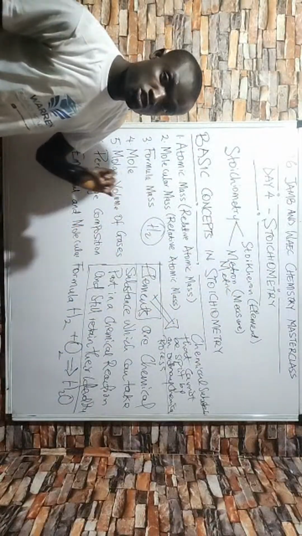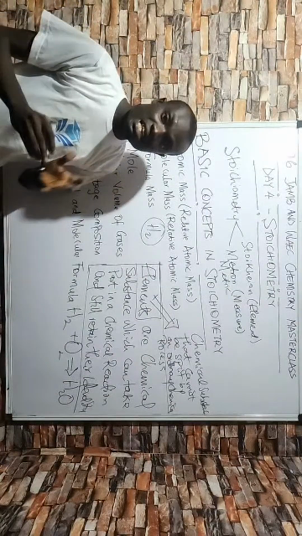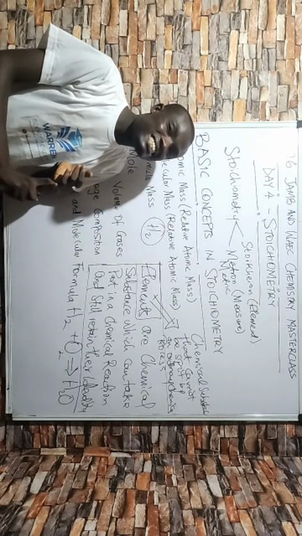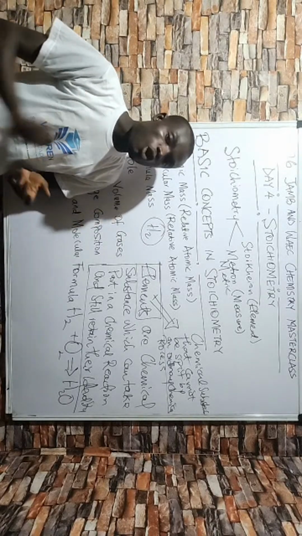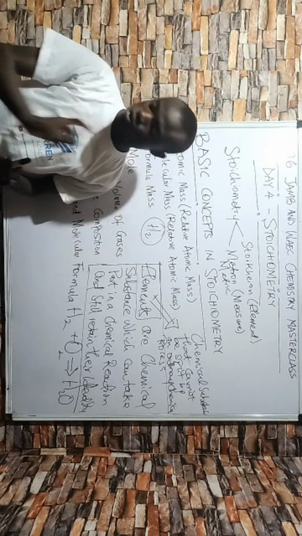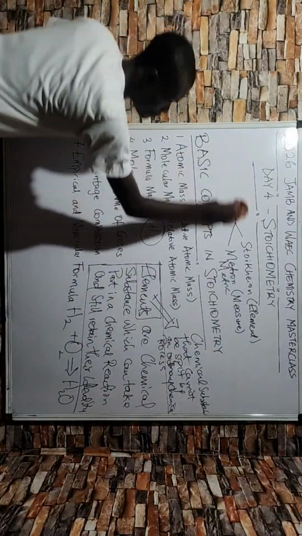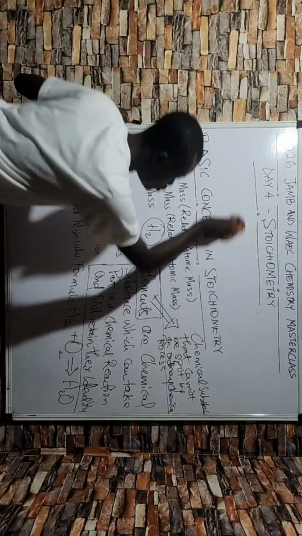Now, in chemistry, when we study elements, we can study them in two ways. Take note of this. We can study elements either qualitatively or quantitatively. So let's take note of that. In chemistry, that study is what we call analysis.